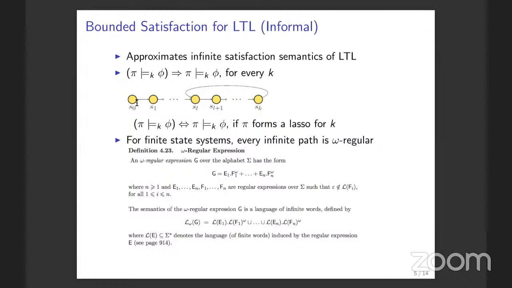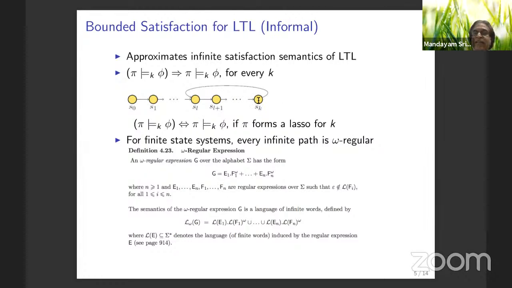A k-long path is said to lasso if the successor of the kth state is some state SL that has already appeared before k.